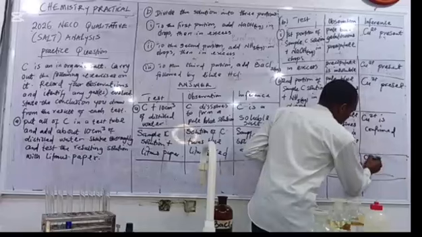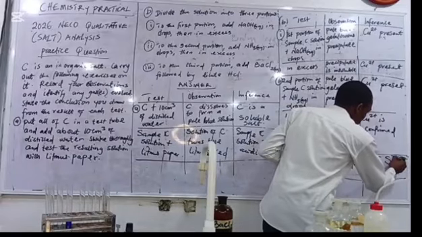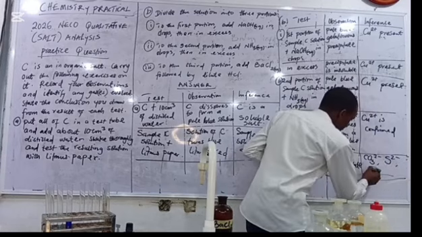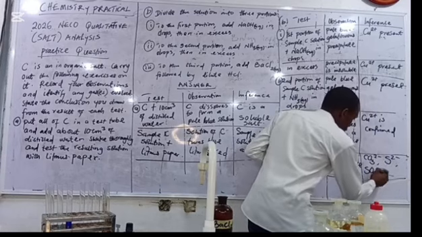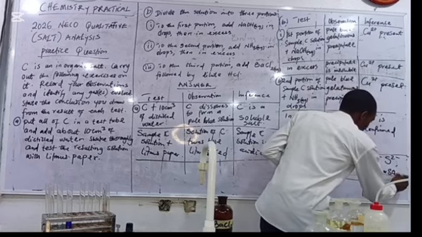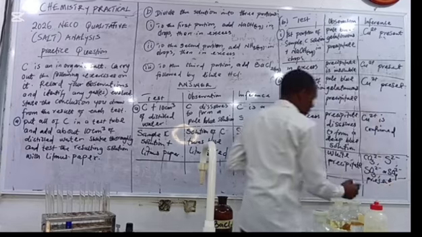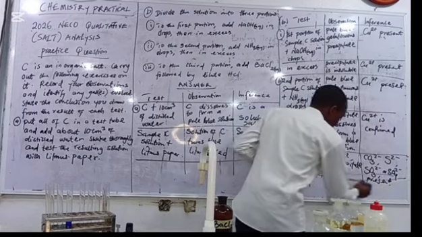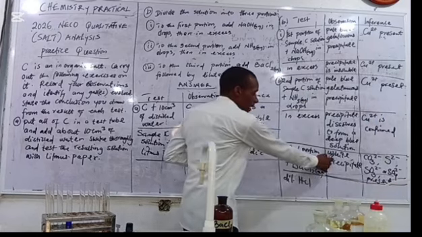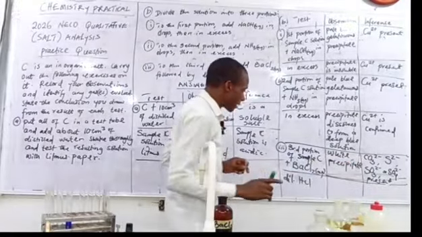We have CO3 2-, S2-, SO3 2-, or SO4 2- present. So these are the likely ions present when we observe a white precipitate.